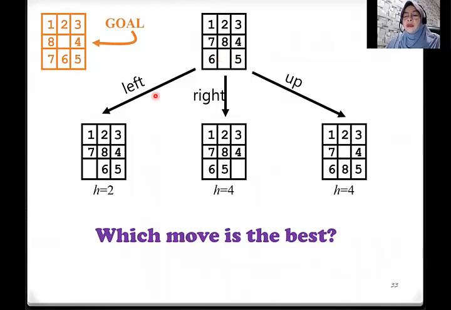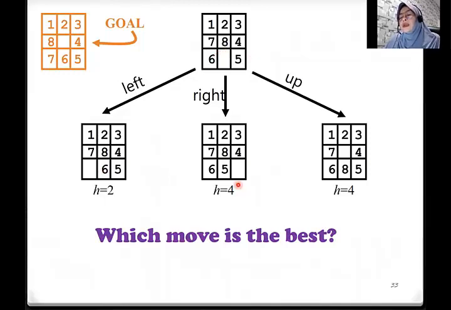We compare the obtained solution with the goal solution. Look at 7. 7 should be at the bottom, but it is in the middle, so we count 1. And then 8 is one step from the correct position, so we count 1 also. So the total is 2.